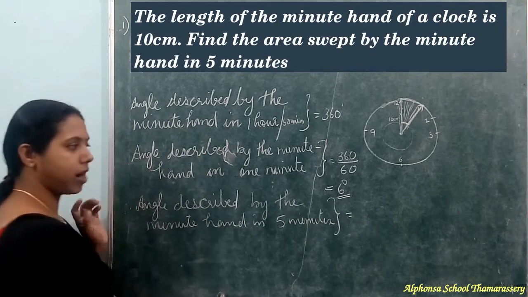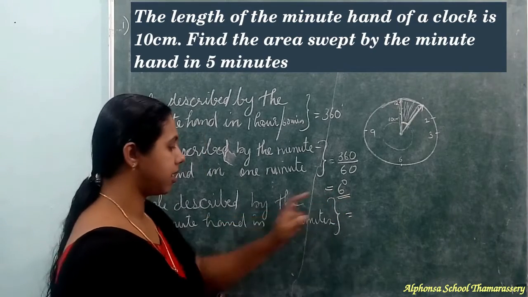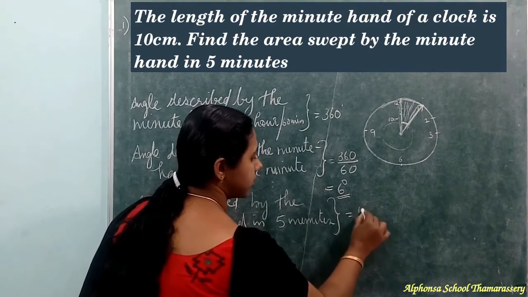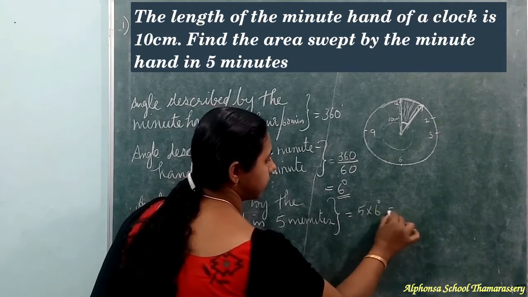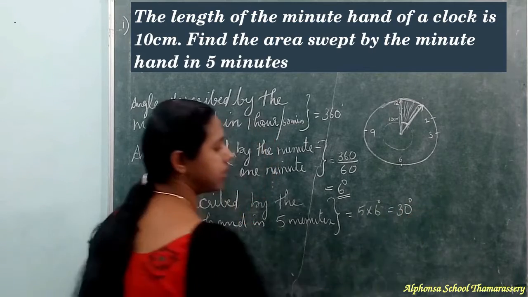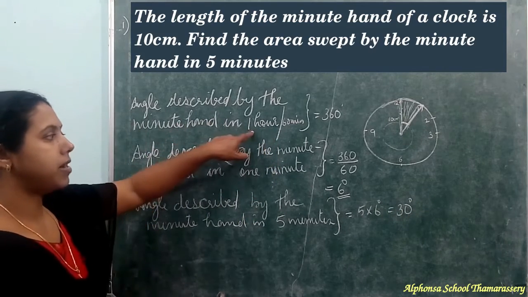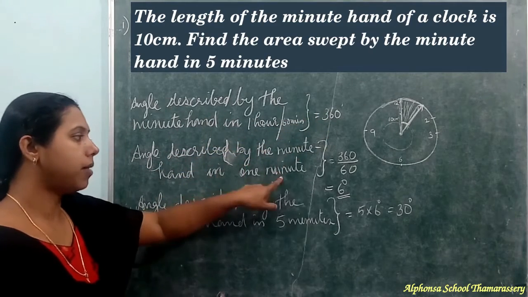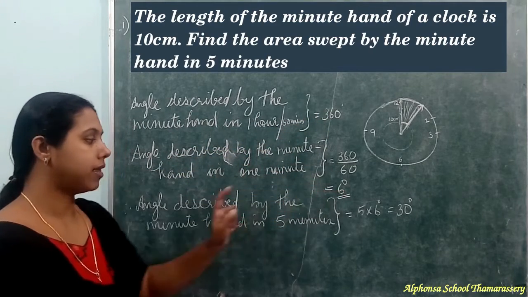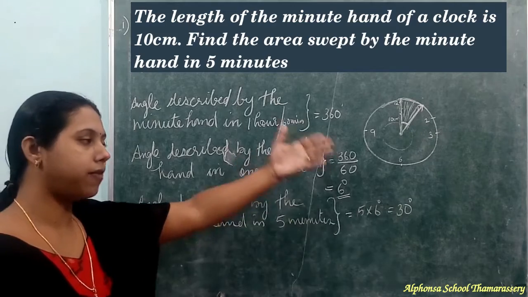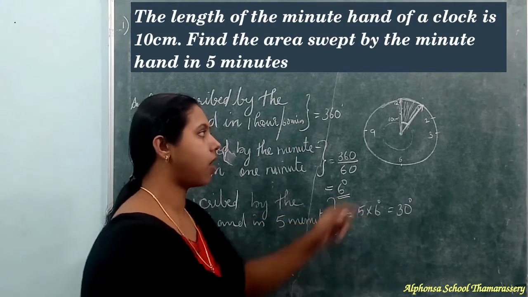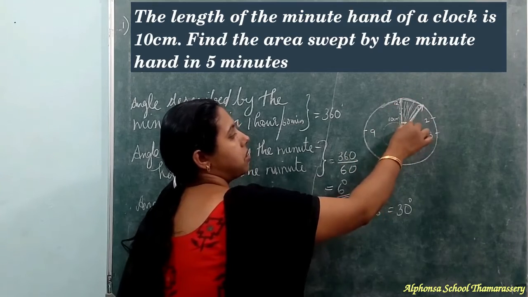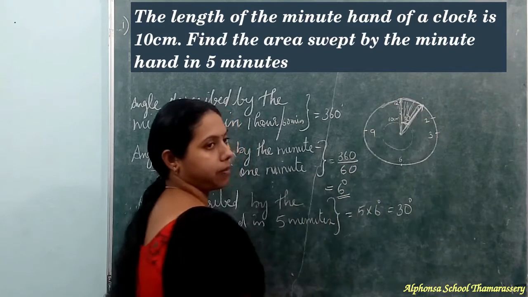In 1 minute it is 6 degree, then for 5 minutes it is 5 into 6 degree, that is equal to 30 degree. So after 5 minutes, the angle of this sector will be equal to 30 degree.